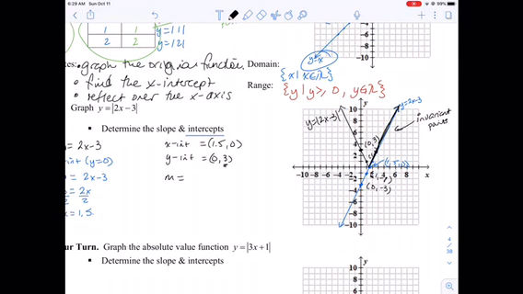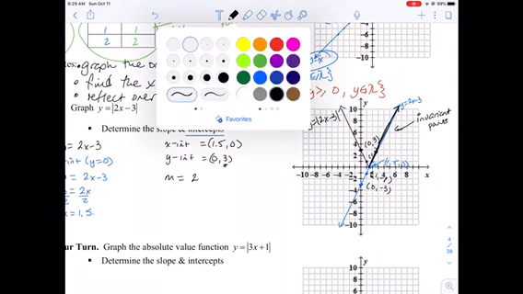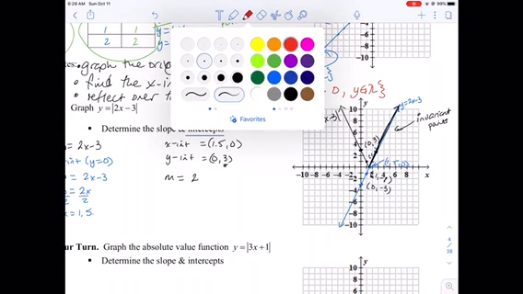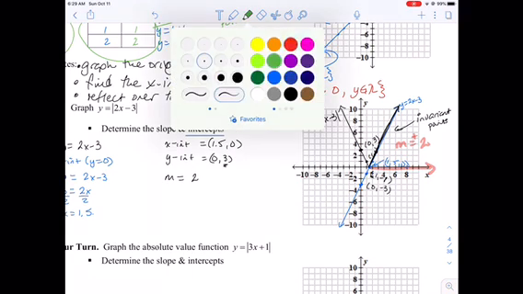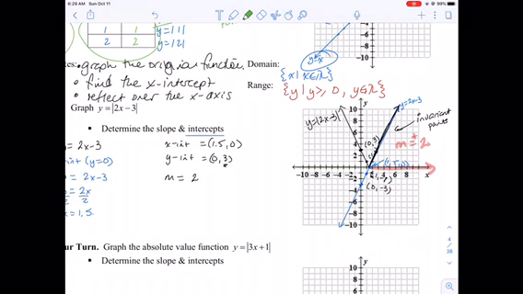The slope was a positive 2 from this point of our graph on, and our slope was negative 2 to the left of that x-intercept.